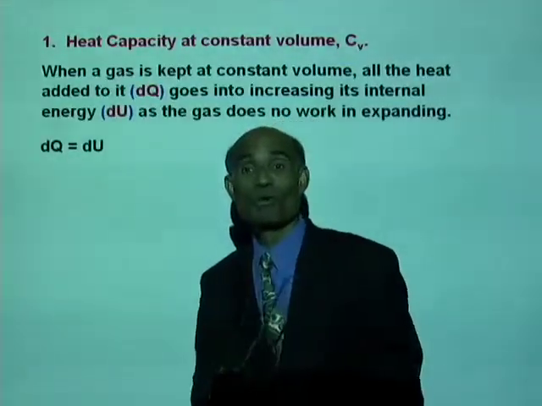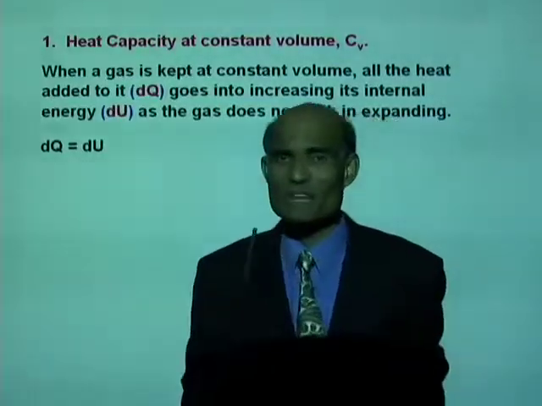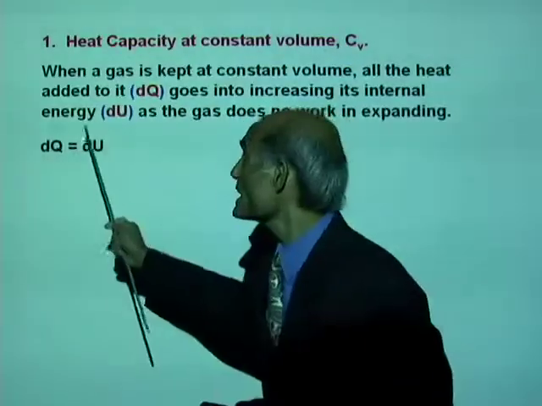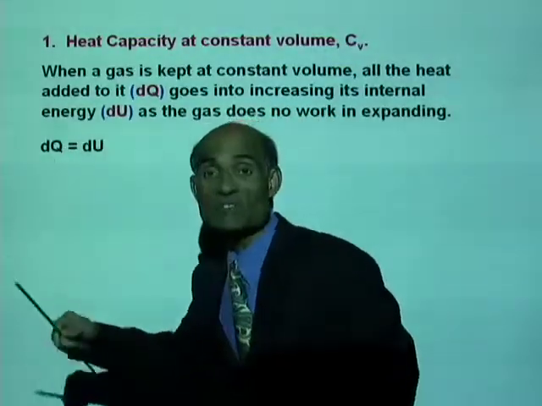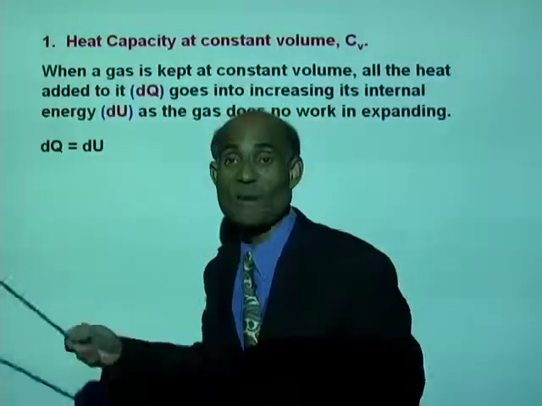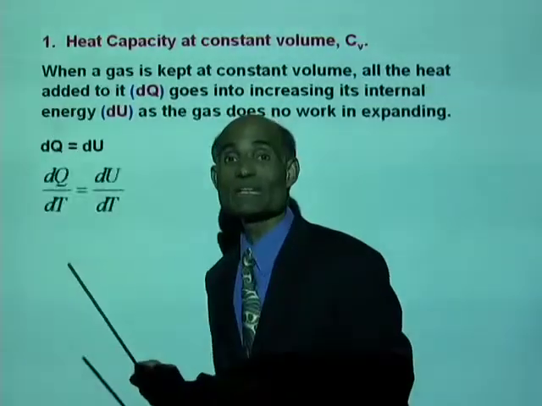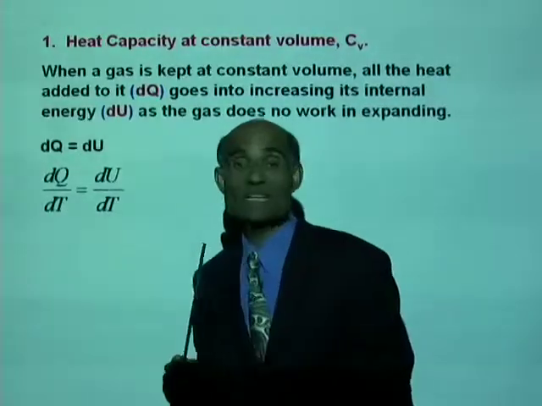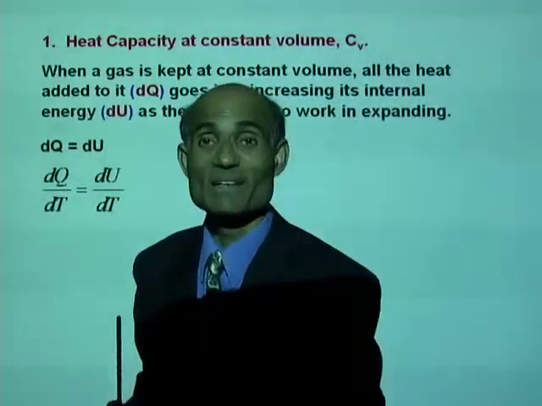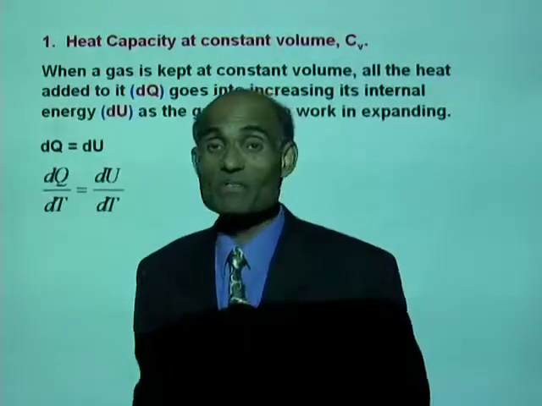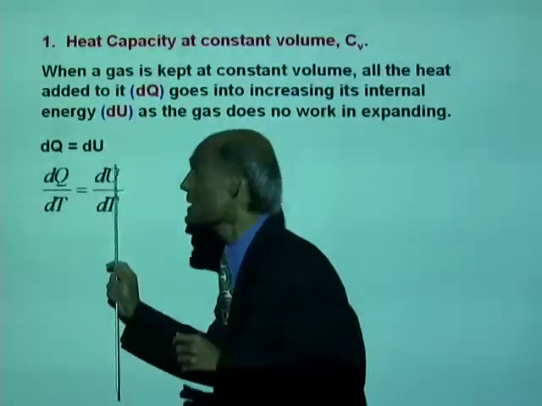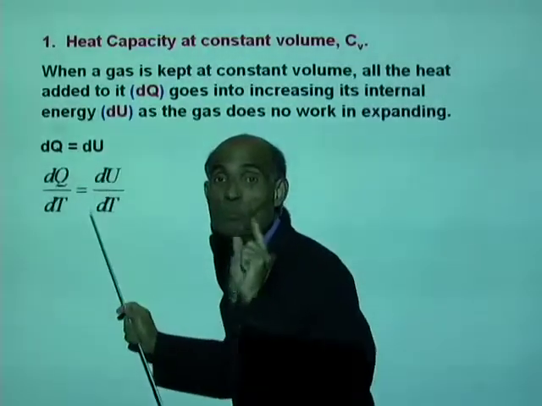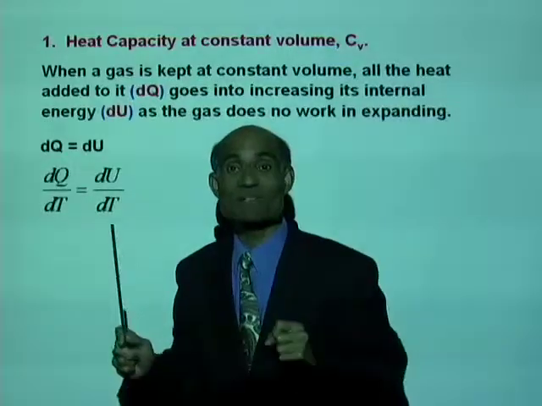And therefore, what is the definition of heat capacity at constant volume? It will be dQ over dt. That is the basic definition of heat capacity. Therefore, dQ over dt is the same as dU over dt. So, heat capacity at constant volume is a measure of the increase in internal energy per Kelvin rise in temperature.